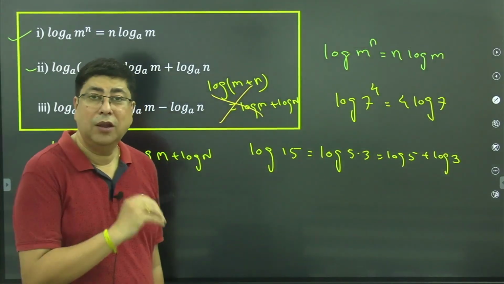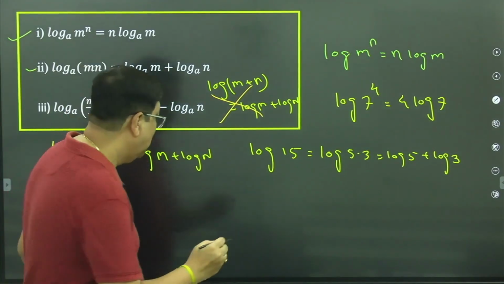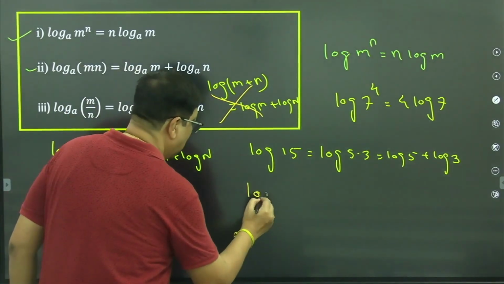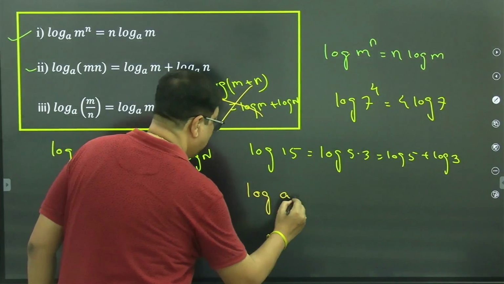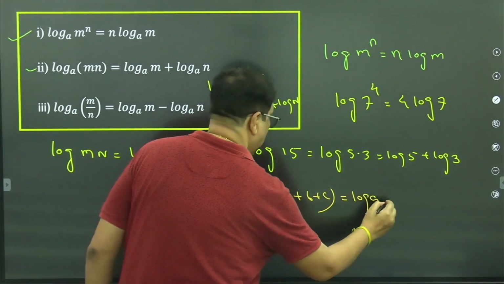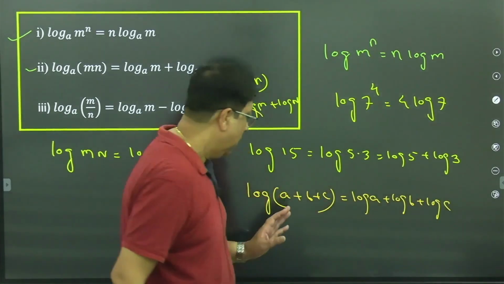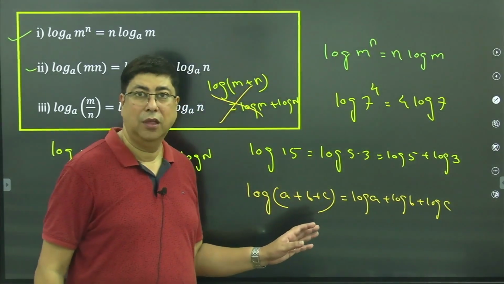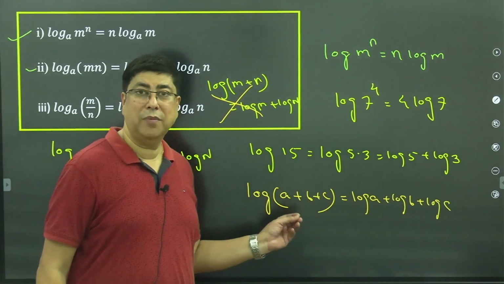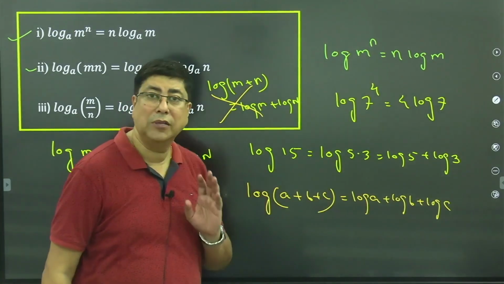One very critical, tricky question just came to mind. Can you tell me, log of a plus b plus c equals log a plus log b plus log c? For what values of a, b, c does this hold?